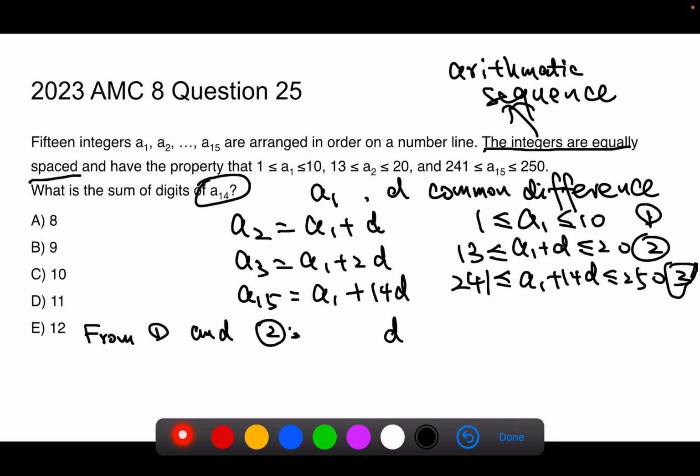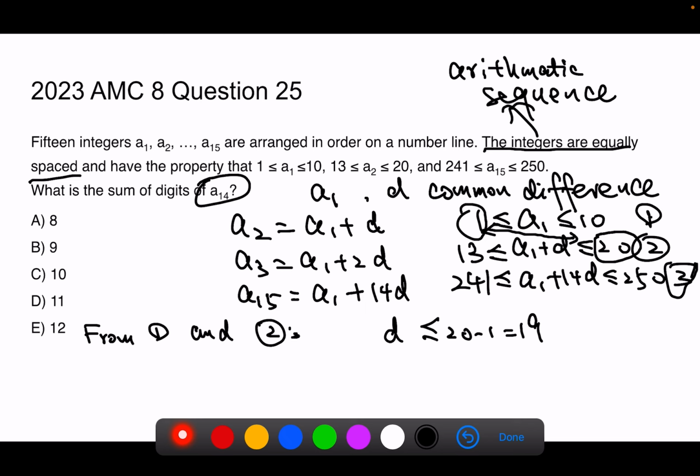When you do the subtraction, you need to take 20 minus 1. Why? Because the largest possible value of a1 plus d is 20, and the smallest value for a1 is 1. So the maximum possible value of d from this relationship is going to be 20 minus 1, which is 19.